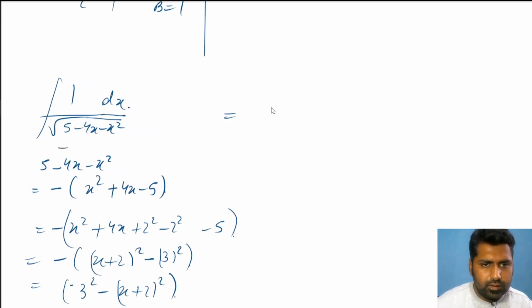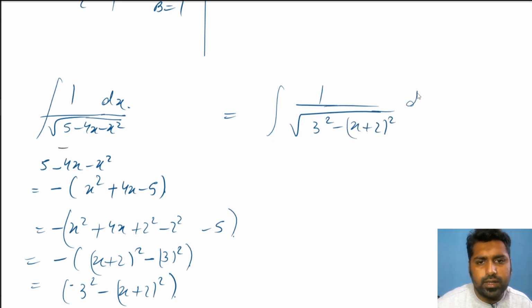Now let's solve this integration. This becomes integration 1 upon square root of 3 square minus x plus 2 whole square dx. That is the standard result, a square minus x square. What is square root of a square minus x square? That is sine inverse.